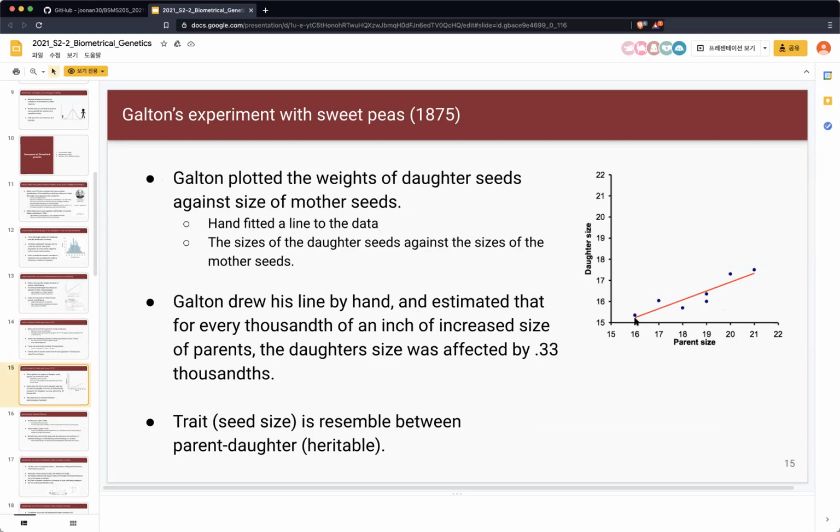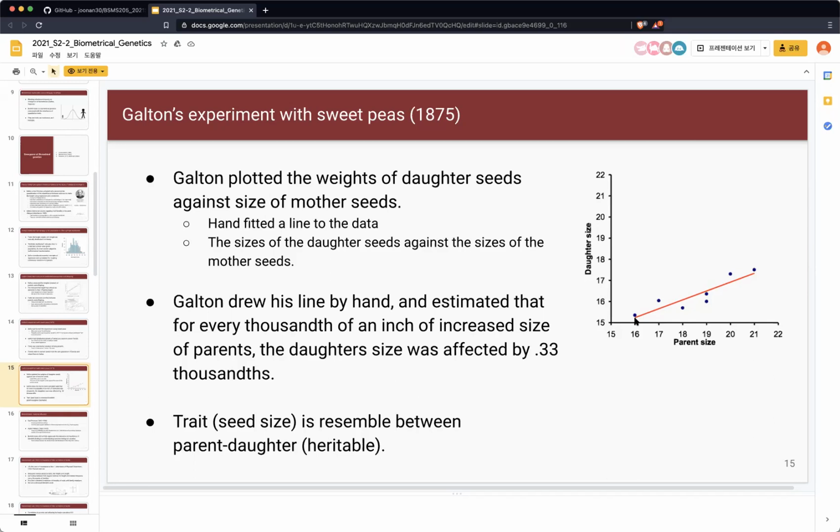So from this experiment, Galton was quite confident that other than human height or human traits, even the traits in a natural population like peas are also heritable, right? He was quite confident that the traits are continuous, and also that these continuous traits are heritable, and these continuous traits are preserved across the generations.